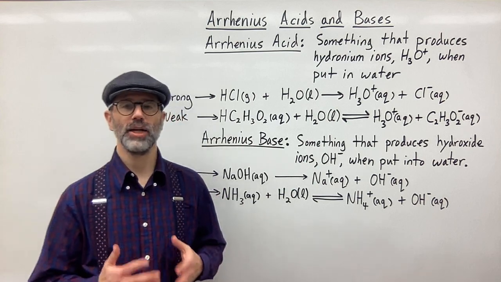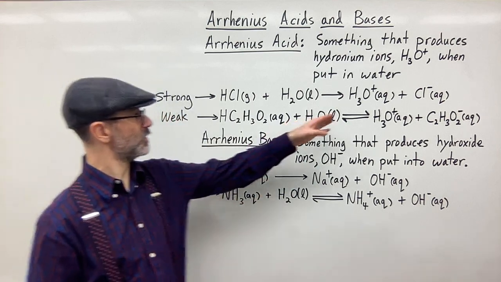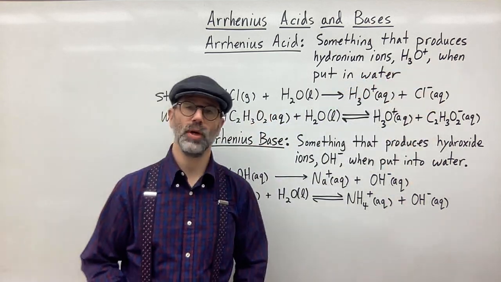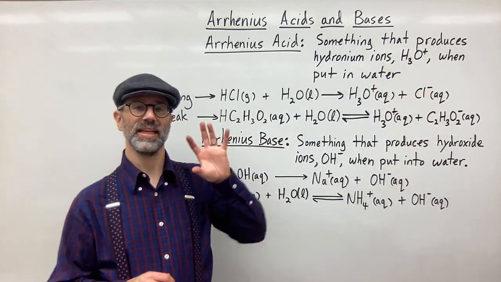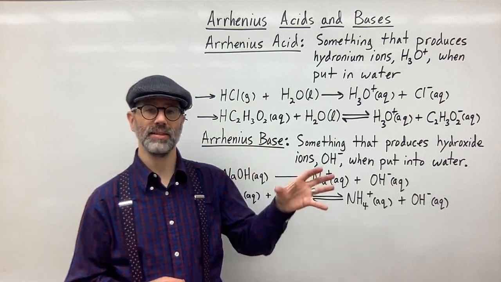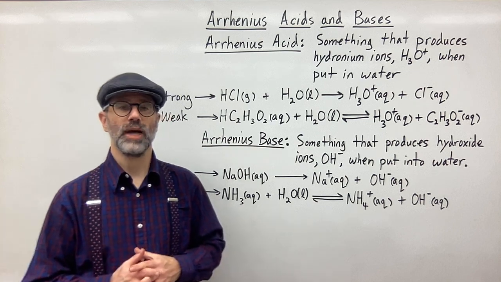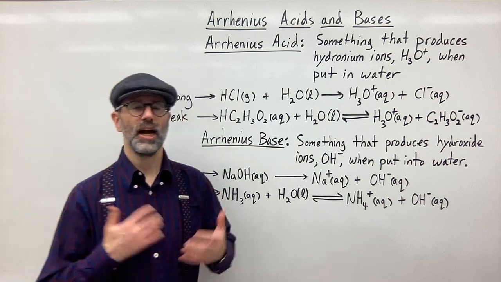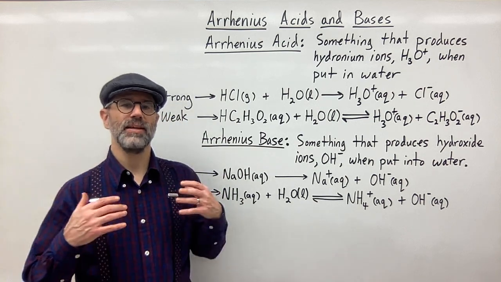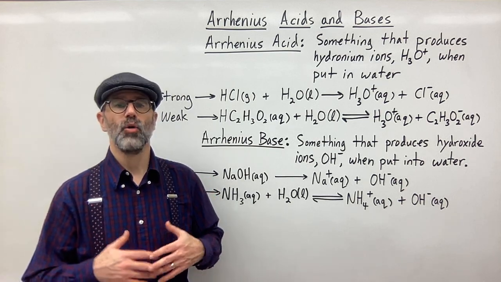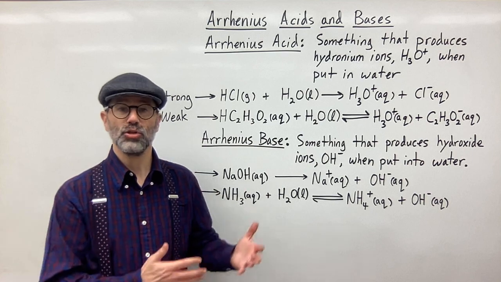And to remind you, a hydronium ion is the H3O plus ion. That's when the water picks up the acidic hydrogen from the acid and you get the H3O plus ion. So the hydronium ion, just to remind you, is the ion that is in solution when an acid is put into water.